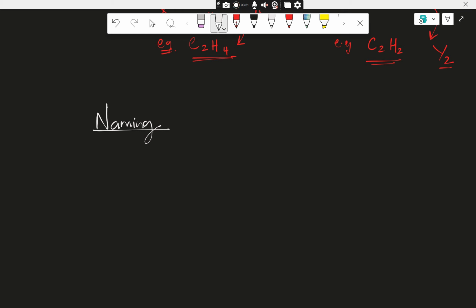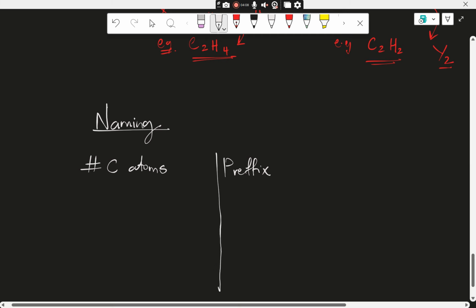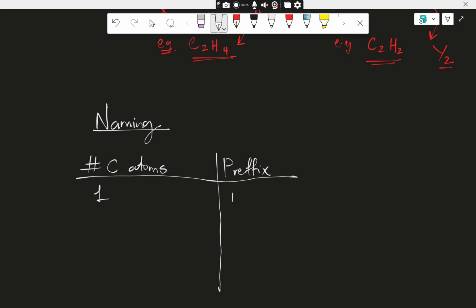The prefix will depend on how many carbon atoms you have, the number of C atoms. If you have one, it will start with meth.